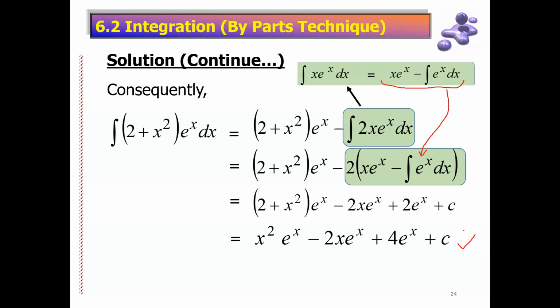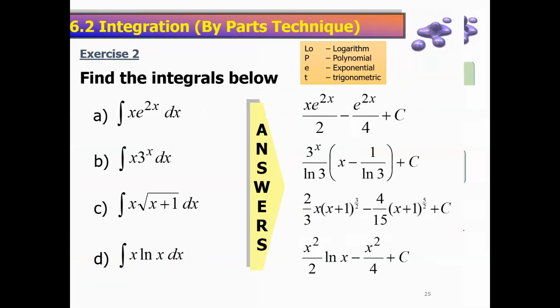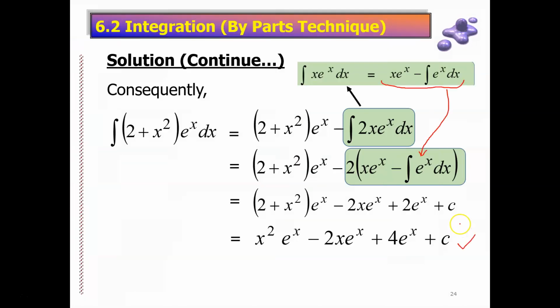Okay, so this is integration by part. We have two examples, which is example 8 and 10, where we use 2 times of integration by part.